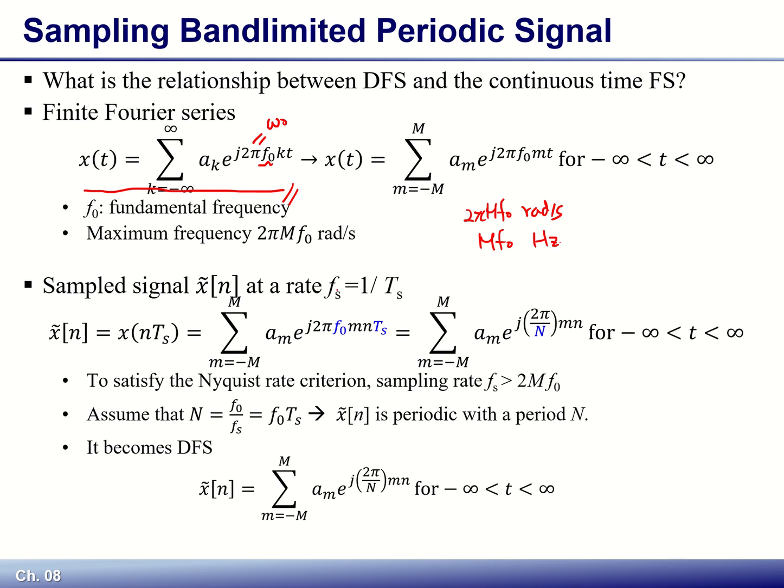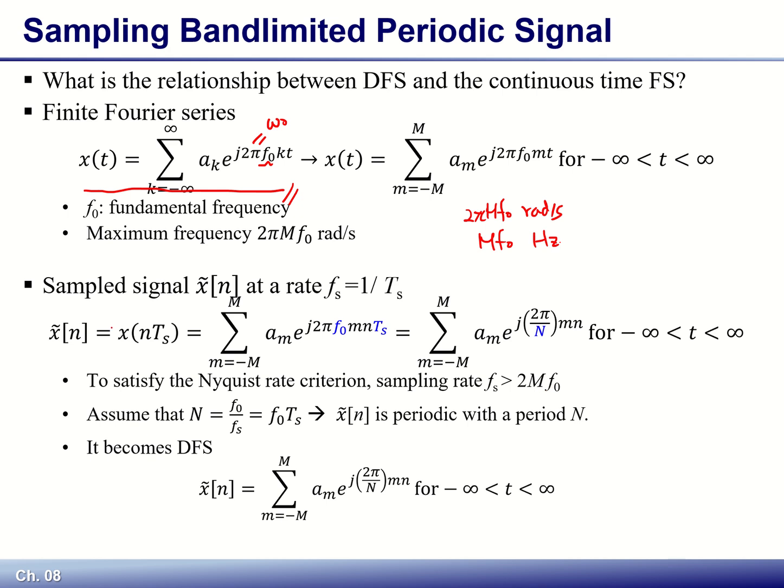When you sample the signal in the time domain, for recovery you should satisfy the sampling theorem. That means the Nyquist rate is 2 times the maximum frequency, so fs should be greater than 2 f0.